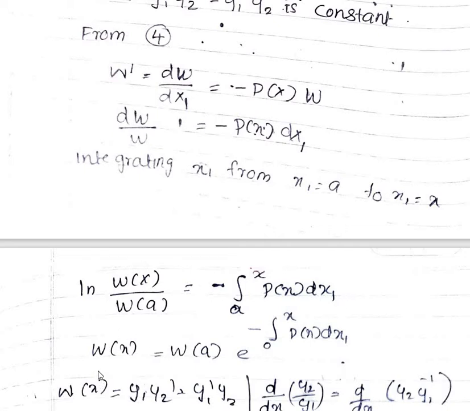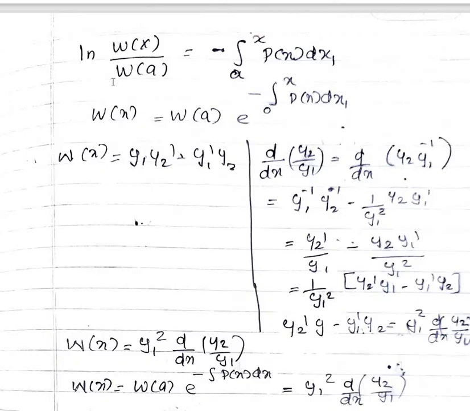Or from this we can write W(x) = W(a) e raised to minus integral from a to x of p(x) dx1. Or when we take the power on both sides, W(x)/W(a) is given by e raised to minus integral a to x of p(x) dx1, or W(x) = W(a) e raised to minus integral of p(x) dx1.